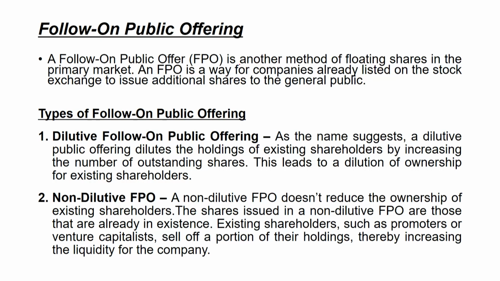Next, we are going to discuss the follow-on public offering. We discussed that an initial public offering is the case where the company issues its shares for the first time into the market. As the name suggests, a follow-on public offering is a method of floating shares in the primary market, where companies that have already listed their shares issue some additional securities or shares to the general public for arranging more finances for their company.